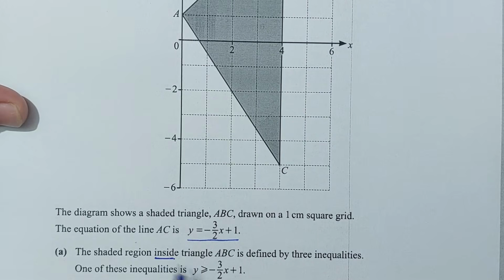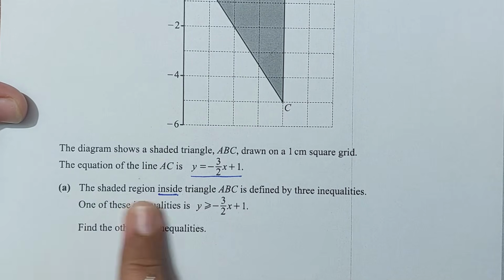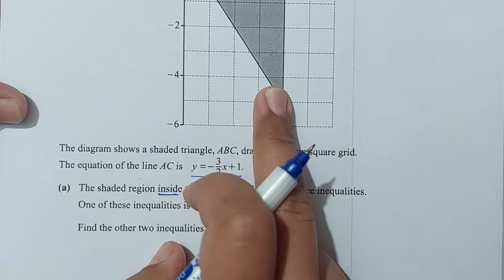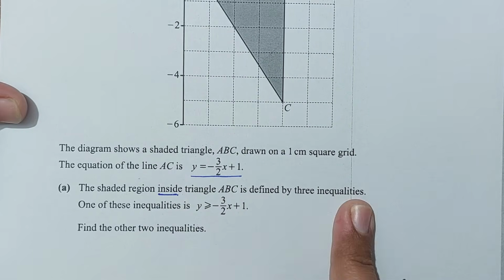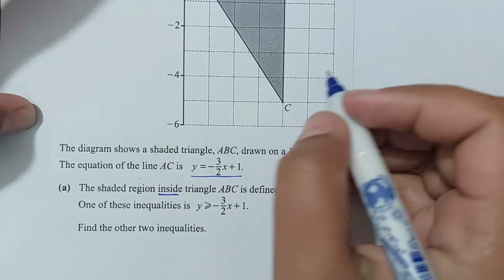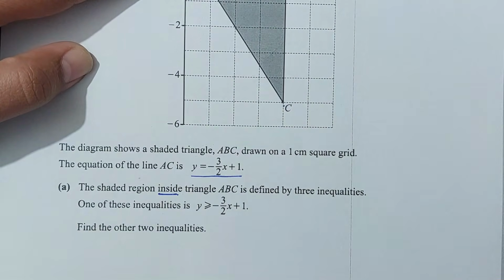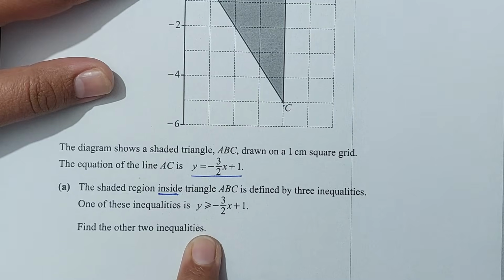The shaded region inside the triangle is defined by 3 inequalities. One of the inequalities is given to you, which is the line AC, which is equal and greater. Find the other 2 inequalities.